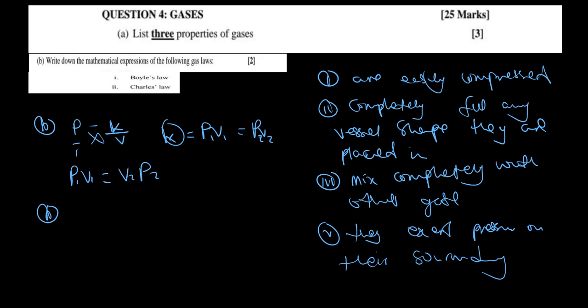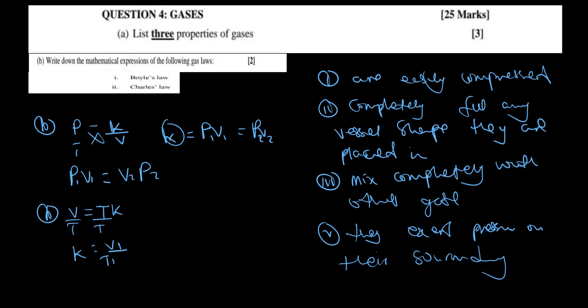So meaning that the volume is directly proportional to its temperature. Then times K there. I'll divide by T to find K. So K is equal to V1 over T1.